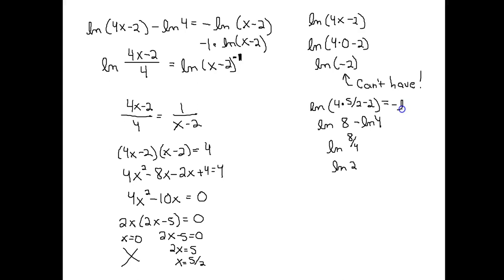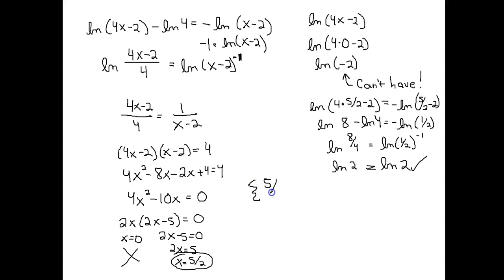All right, and the other side, negative natural log of 5 halves minus 2. So negative natural log of 1/2. So natural log of 1/2 to the negative 1. So natural log of 2. So the 5 halves works out. So the 5 halves we can keep.